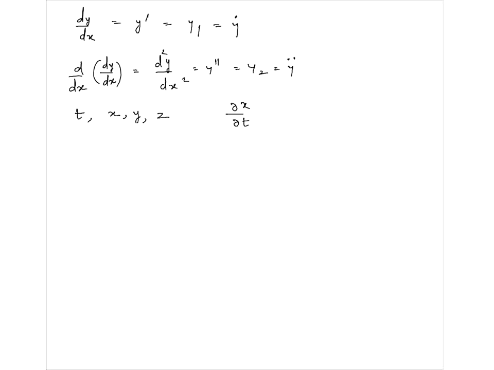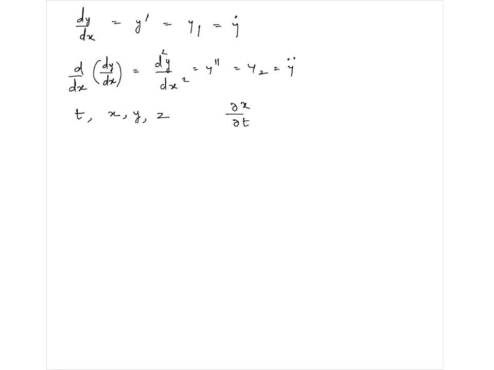In other words, I treat y and z as constants, even though they are variable, because I am studying only change in x due to change in time. I treat y and z as non-variable.